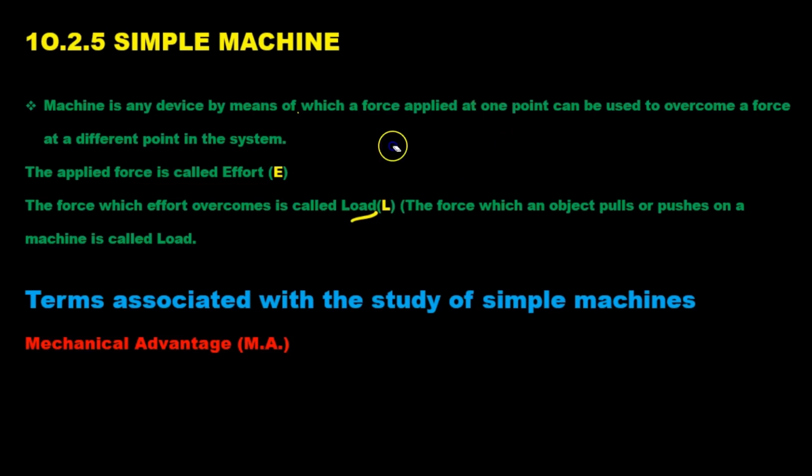Having looked at this simple introduction, let us now look at the terms that we are going to come across as we go on with the study of simple machines. One of the terms is mechanical advantage, abbreviated as MA. What is mechanical advantage?